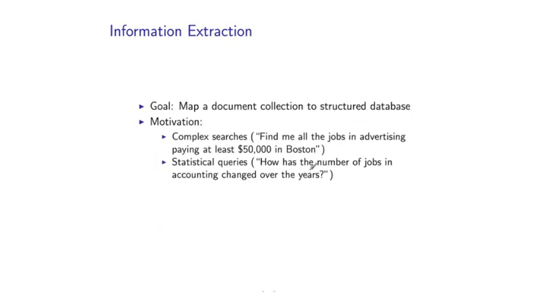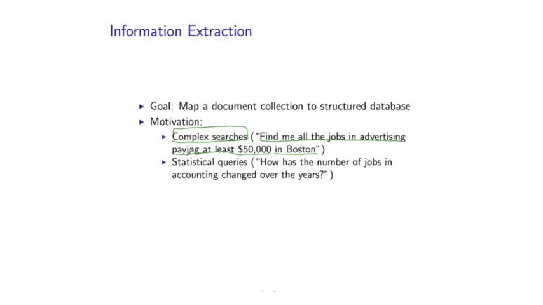Once we've performed this step, we can, for example, perform complex searches. So say I want to find all jobs in the advertising sector, paying at least a certain salary in a particular location. This would be a search that is very difficult to formulate using a regular search engine. But if I first run my information extraction system over, say, all the job postings that I find on the web, I can then perform a database query and perform much more complex searches such as this one.